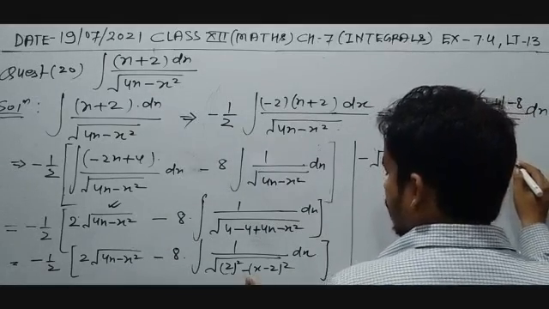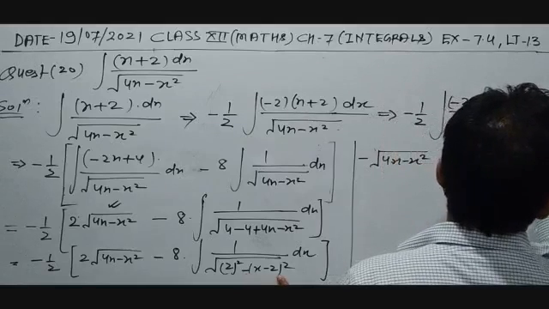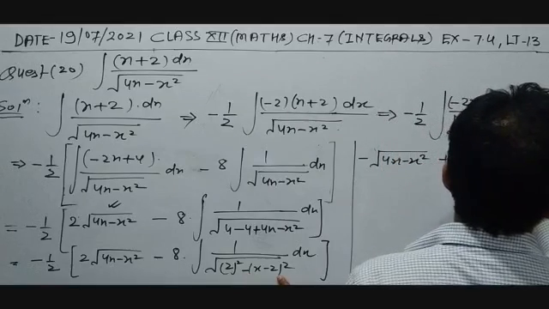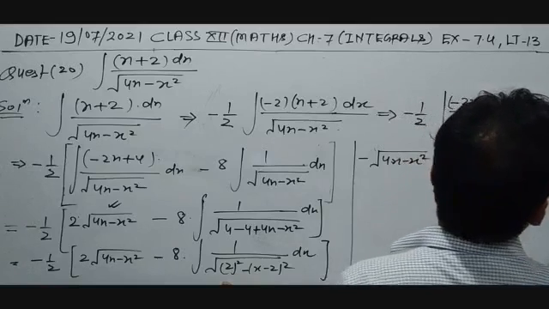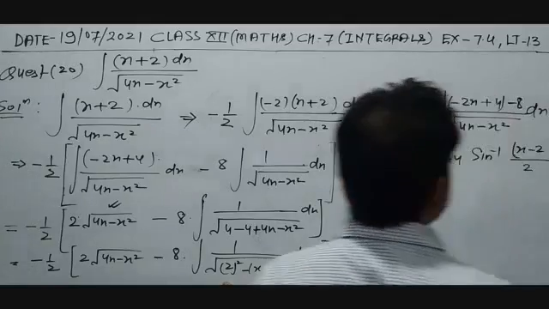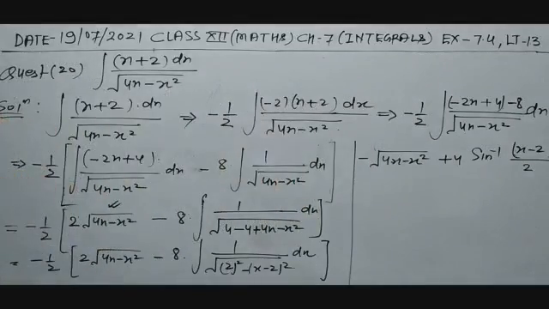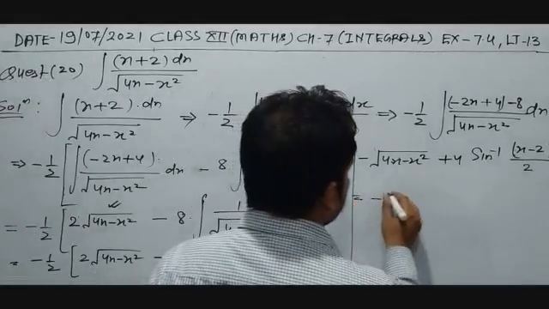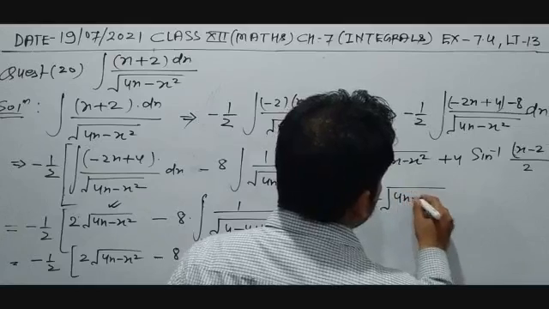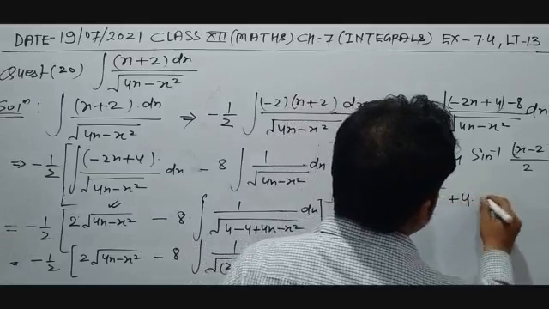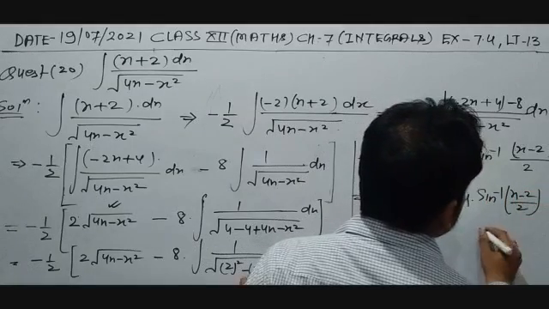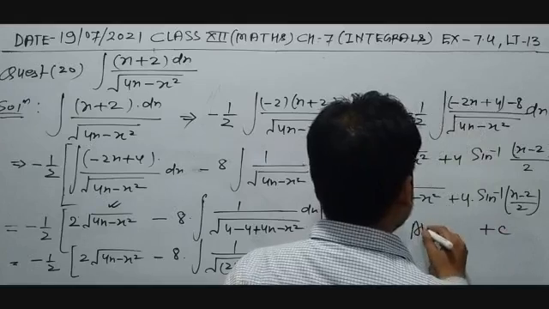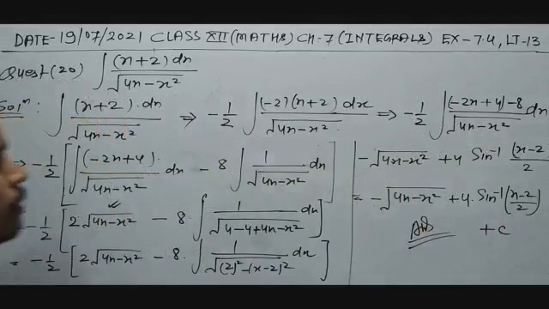In place of t there is x minus 2, so sin inverse of (x minus 2) upon a, and in place of a there is 2, and now plus c. This will be the answer. This is the complete answer. I am writing here: minus root over 4x minus x square plus 4 times sin inverse of (x minus 2) by 2. This is the answer.